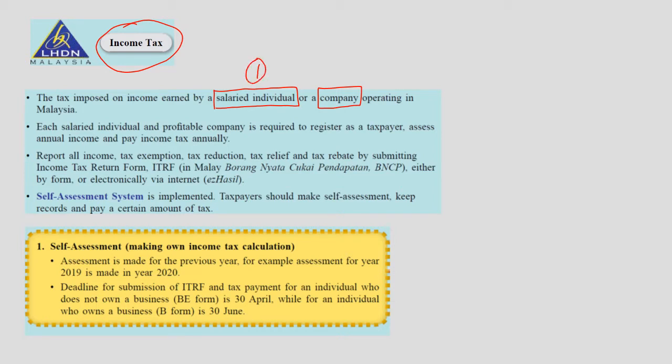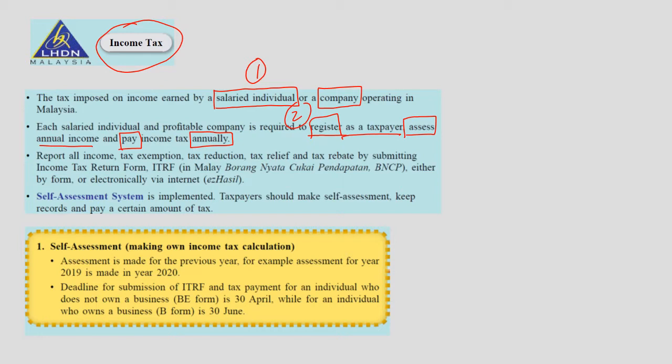Number two, you have to register as a taxpayer, and then you have to assess your annual income and pay the income tax annually. That means yearly. Every year you have to pay the income tax.